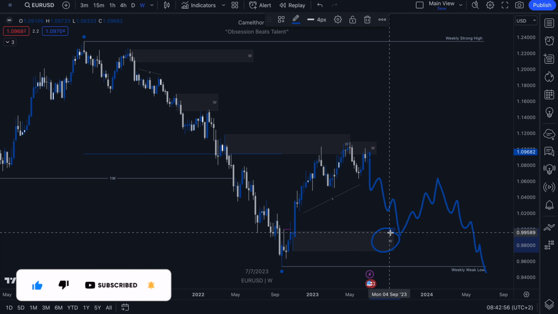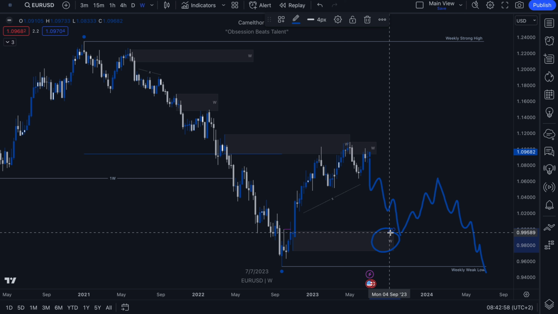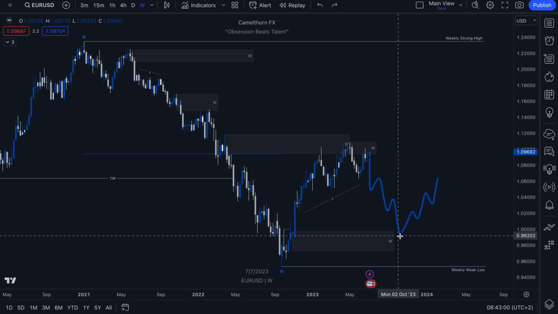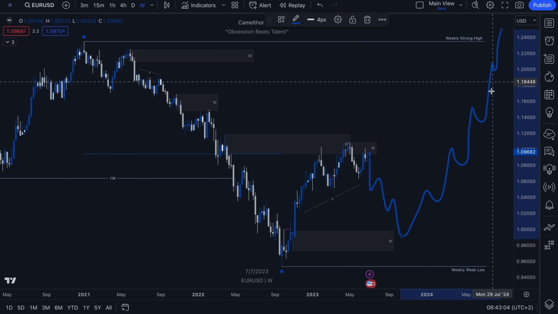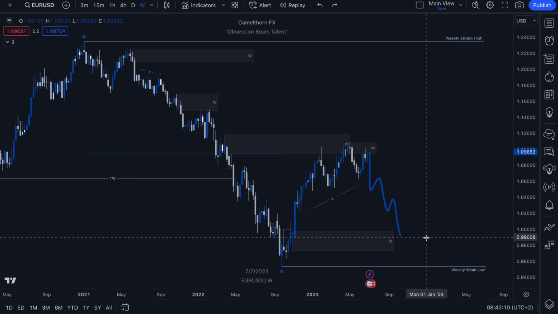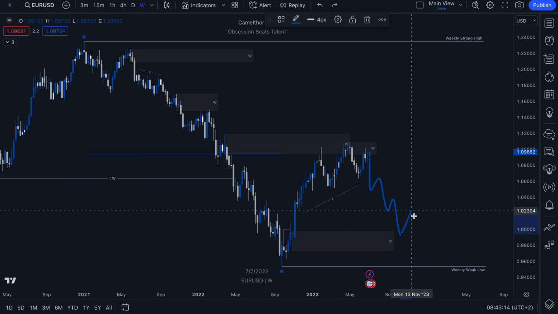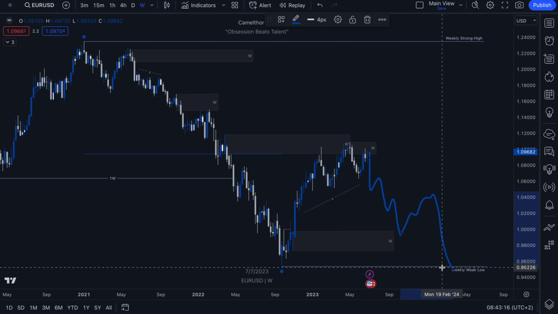Because it is a previously unmitigated zone. What that means is realistically, this particular demand zone would not give you that strong push to the upside to go ahead and violate the strong high. Obviously, there is that possibility, but the chances of it doing that are fairly low compared to just a short-term reaction before price continues down lower.